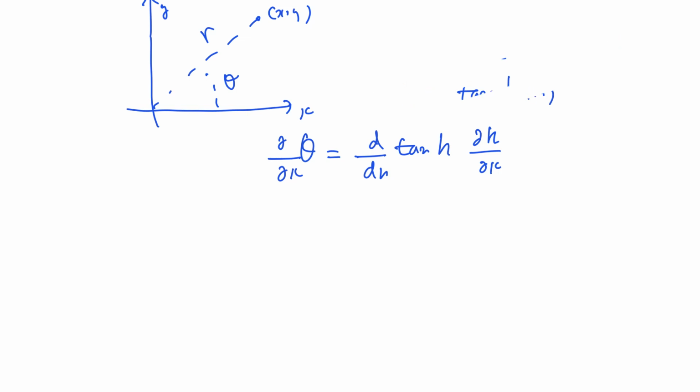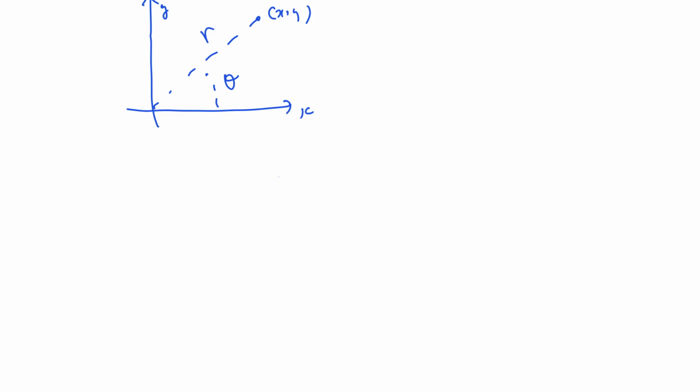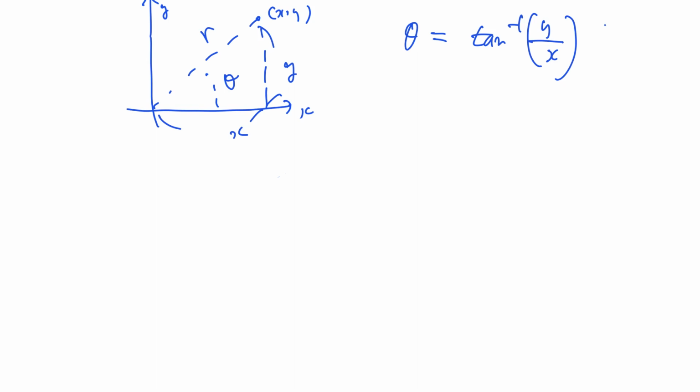I think I made a mistake. That is, theta is tangent inverse y over x, right? This is x, this is y. So same as before, h is y over x. Then tangent theta is h, right?